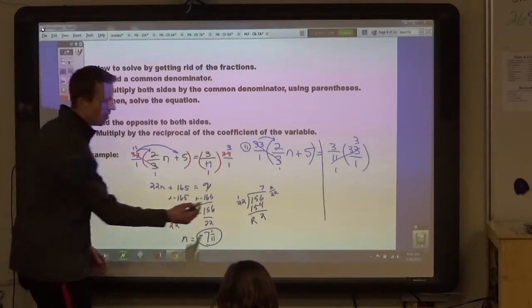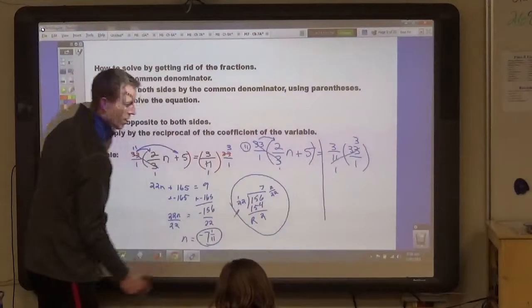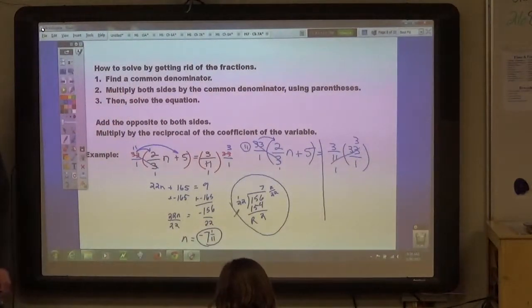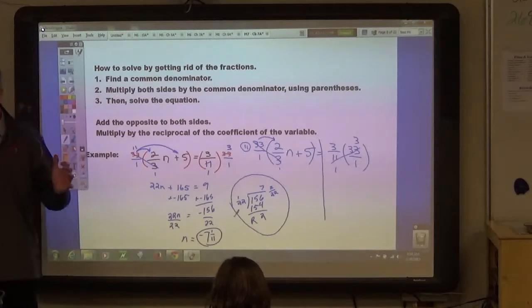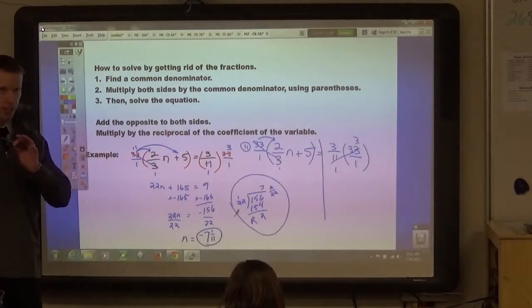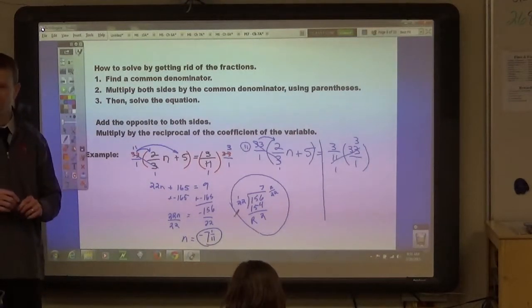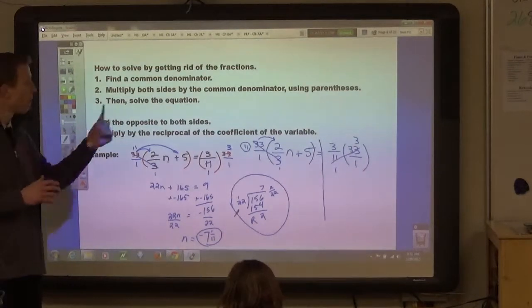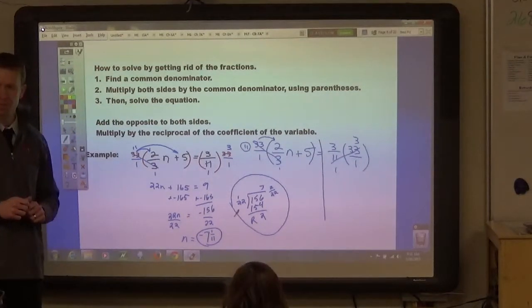And here's the division on that. Okay? So it's kind of a cool way to get rid of the fractions altogether. Rather than adding and subtracting, finding common denominators for each one, maybe doing that more than once, we just multiply both sides by a common multiple. Okay?